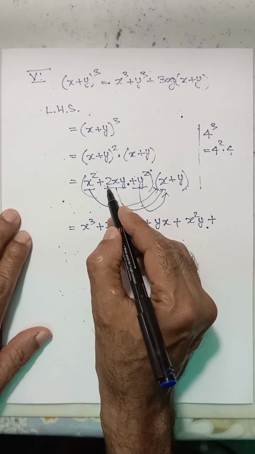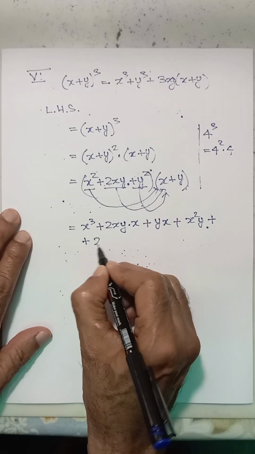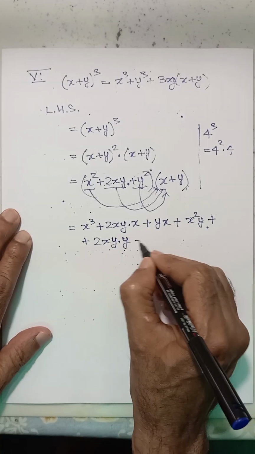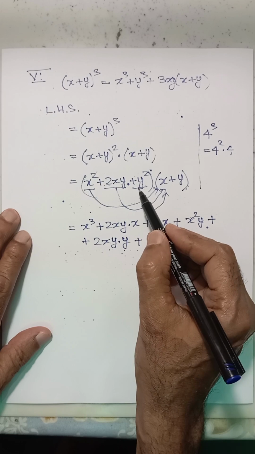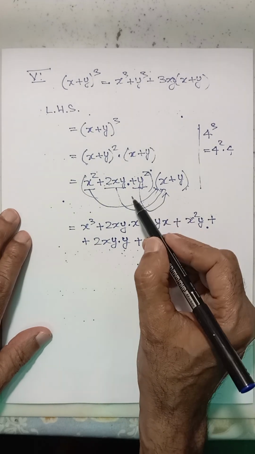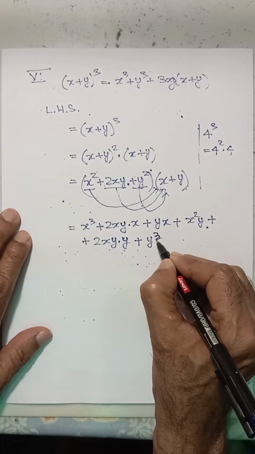Plus 2xy into y, plus y² into x. y² into y will be y³.